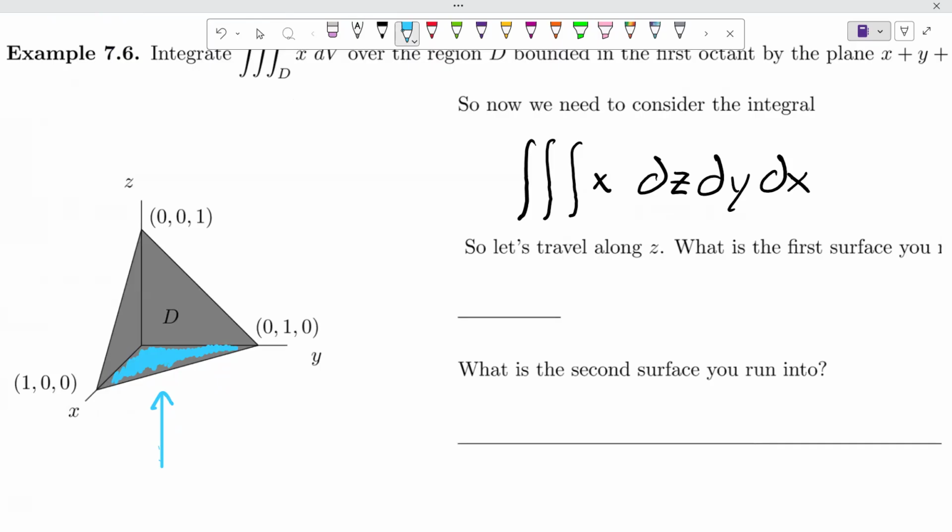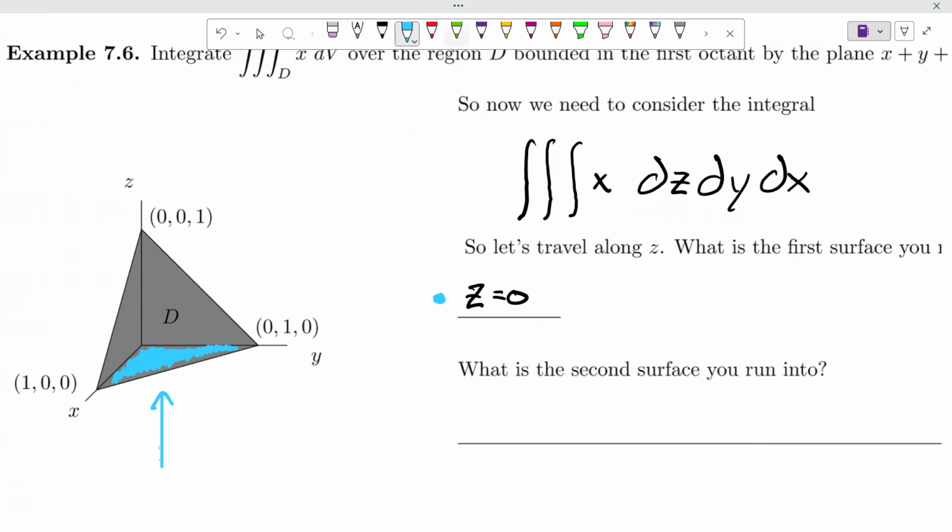All right, good enough. Perfect's the enemy of good and all that, but I just can't help myself. Okay, so my first surface is z equals 0. That's the first thing I run into if I come from the bottom and head up.